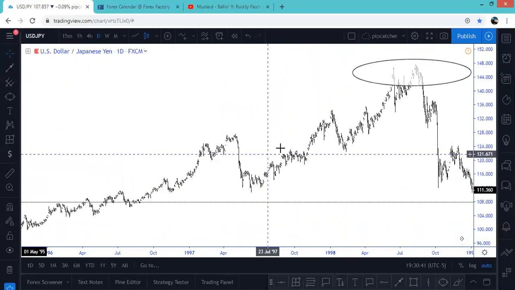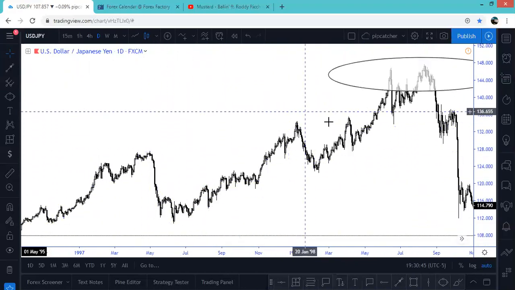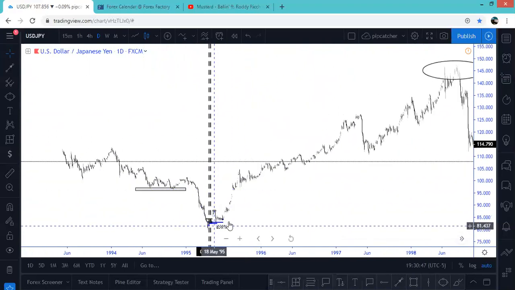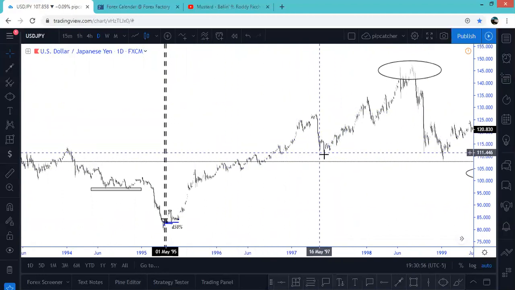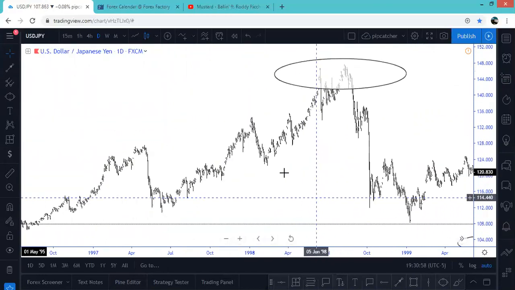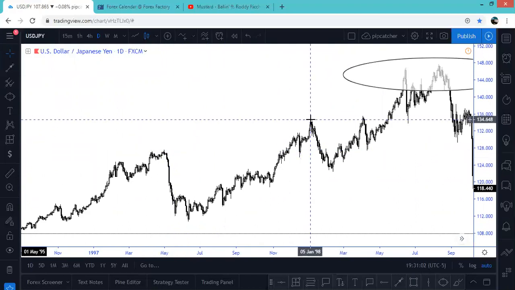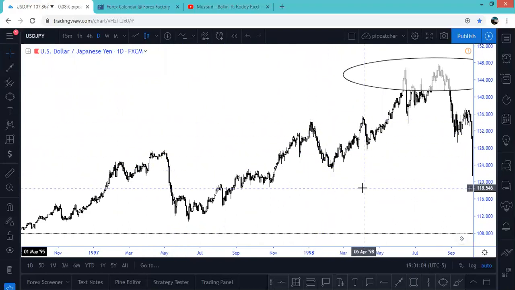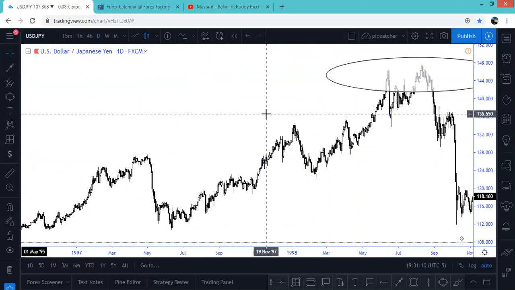And now, we can talk about minor reversal areas, but I'm going to talk about major reversal areas on this particular lesson right here. And maybe another lesson we can talk about minor reversal areas like this or this or this or even this, right? But I would have to break it down on the 4 hour, 1 hour, and maybe even potentially lower.